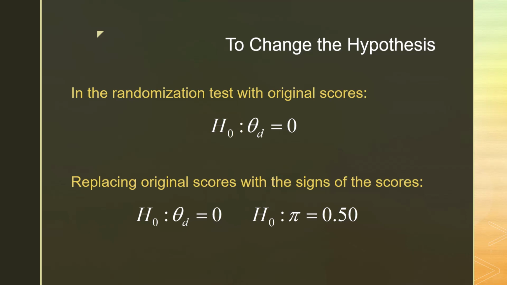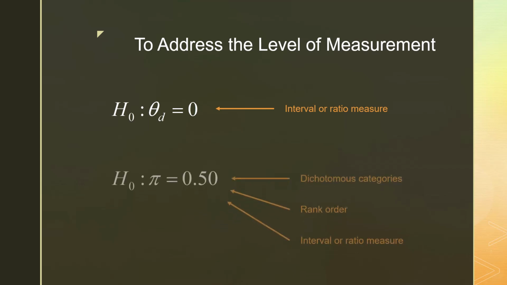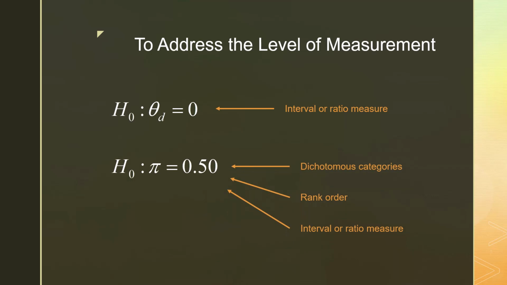Sometimes we use replacement scores to address the level of measurement. When we use a null hypothesis that the median of difference scores is equal to 0, we are assuming a continuous underlying construct and measurement of participants along that construct using a quantitative measure, that is, either interval or ratio. On the other hand, if we focus on the proportion of the distribution that is helped by the treatment, we can use dichotomous categories.